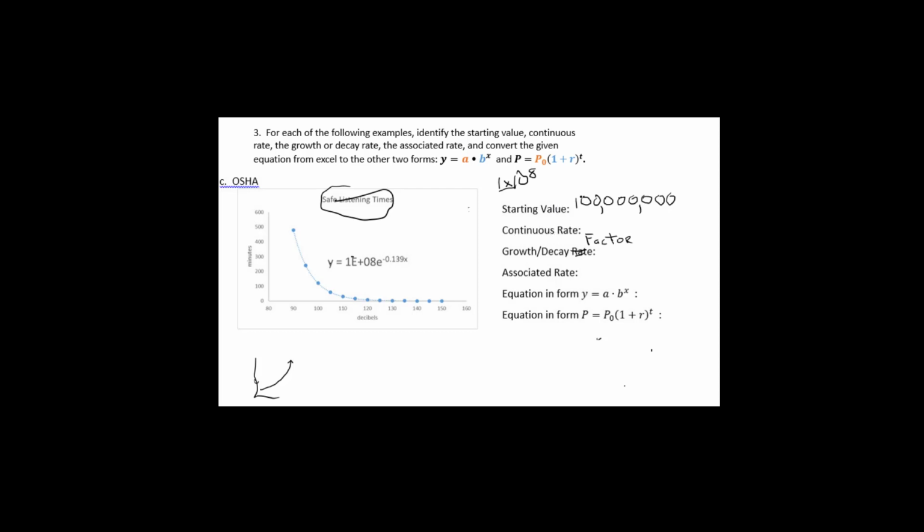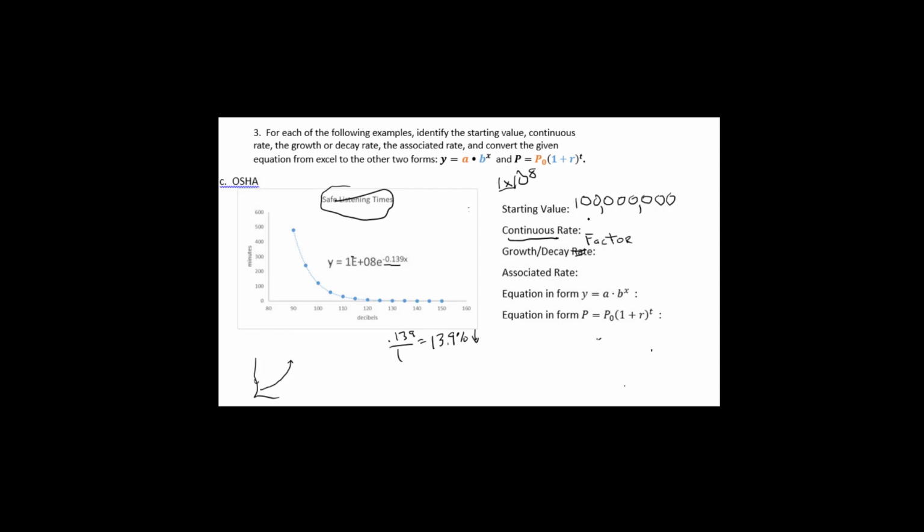The continuous rate is given by a continuous equation, which this is. And the continuous rate is negative 0.139. 0.139 over 1 is the same thing as 13.9%, and this is decreasing.